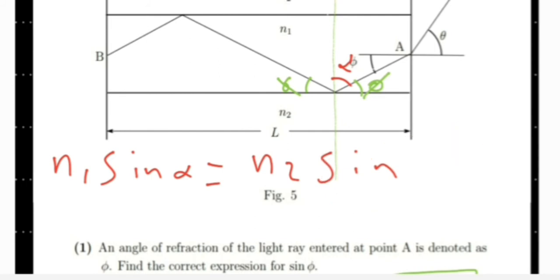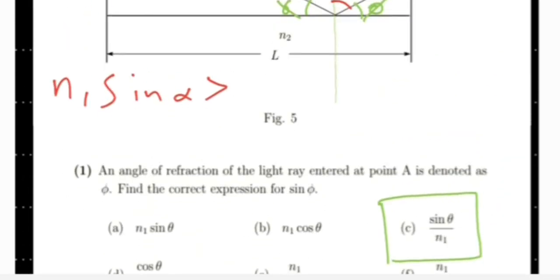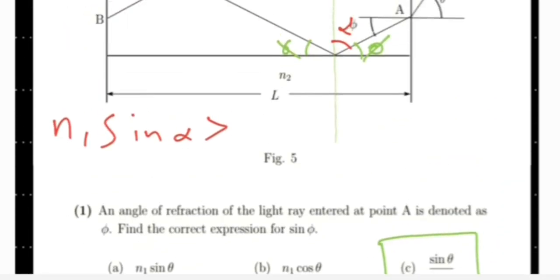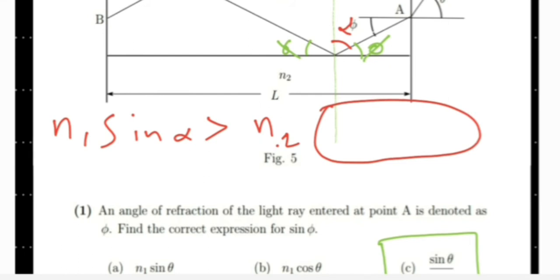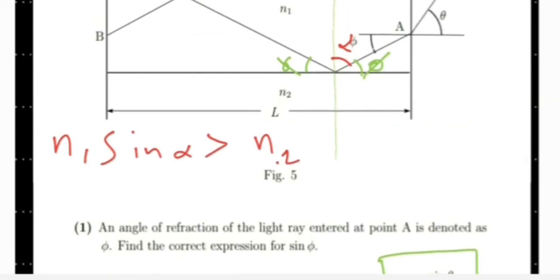So as long as n1 sine of alpha is bigger than n2, why just n2? Because the sine of the angle going out is 1, this is valid, okay? So sine of alpha must be bigger than n2 divided by n1.